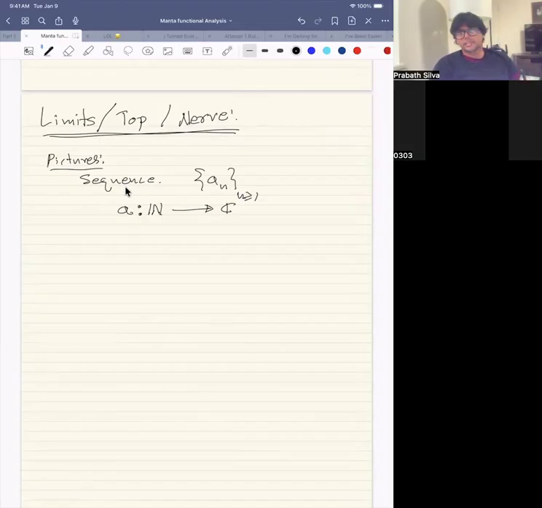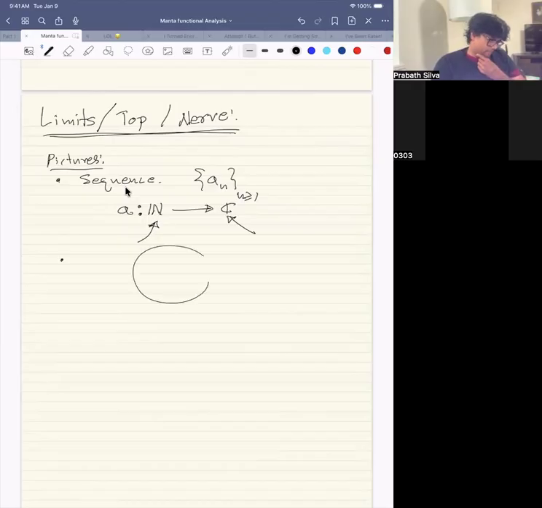This tells you which direction you are interested in, n goes to infinity. And on this side, typically we have a way of measuring closeness. That's one picture.